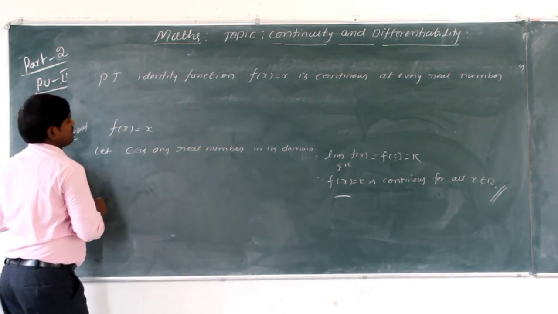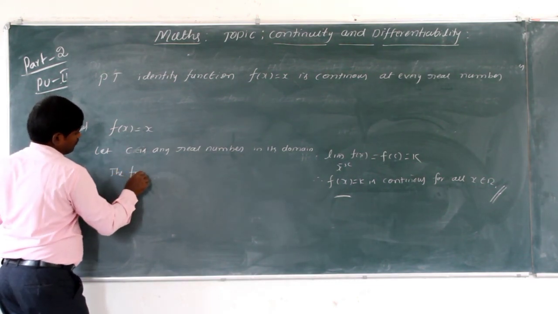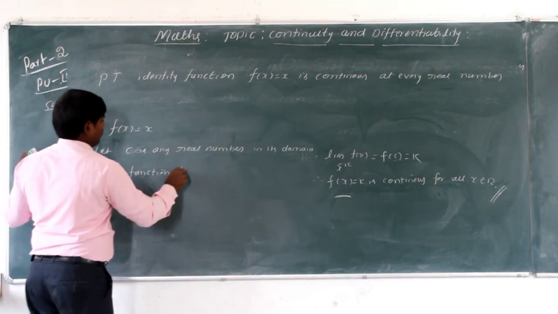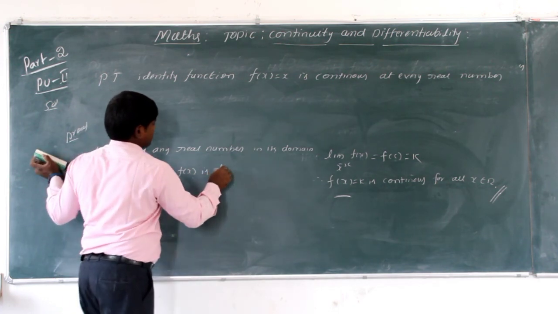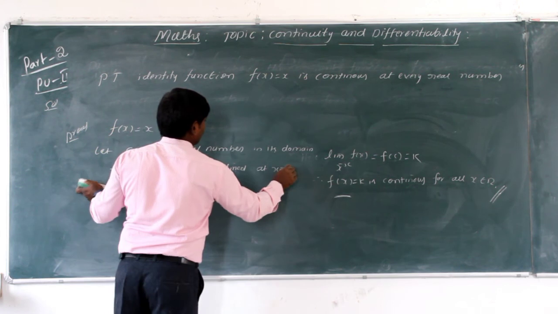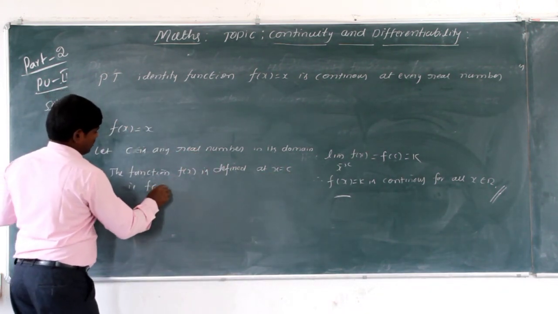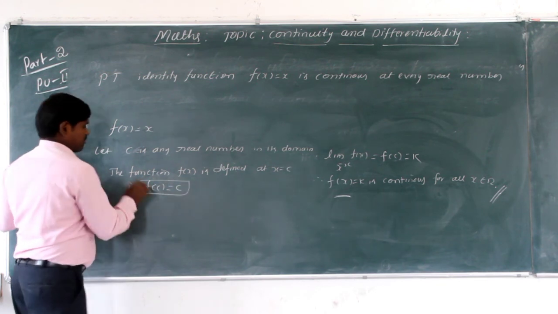So the function f of x is defined at x is equal to c. So that is f of c is equal to c.